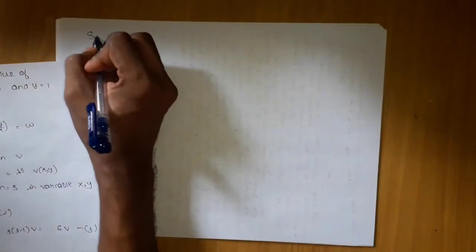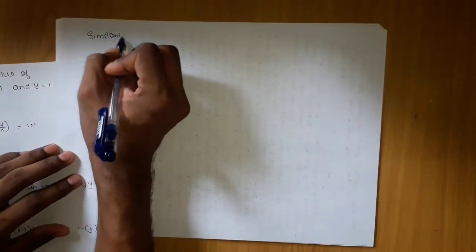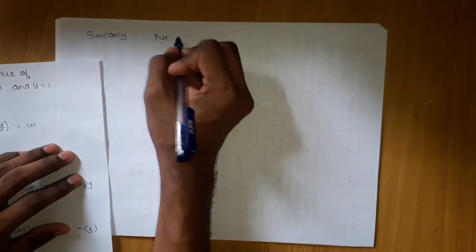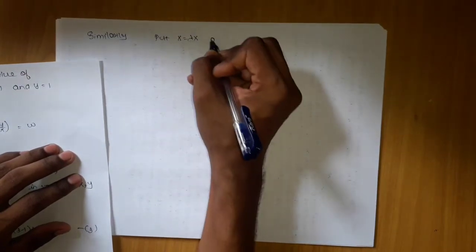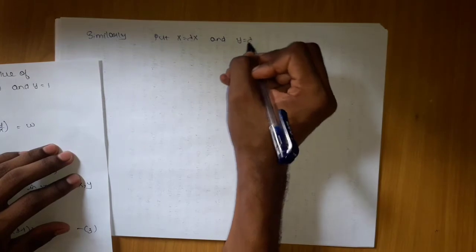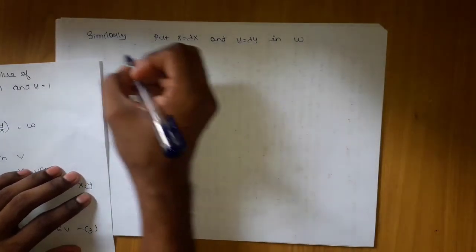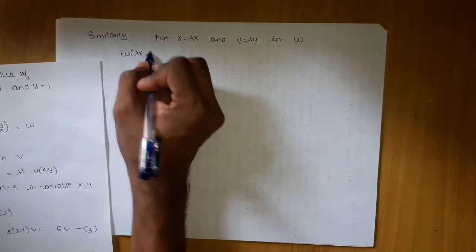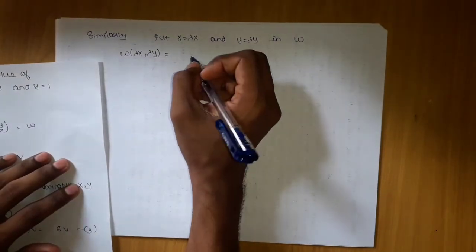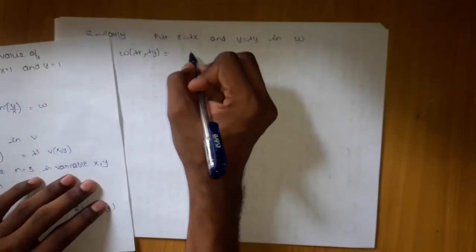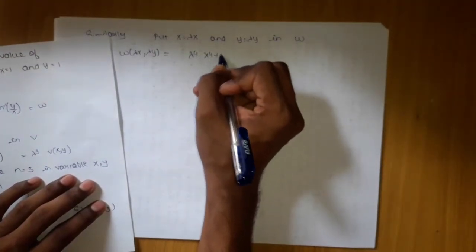Now similarly, put x equals lambda x and y equals lambda y in w. So w of lambda x comma lambda y equals lambda power 4 x power 4 tan inverse.